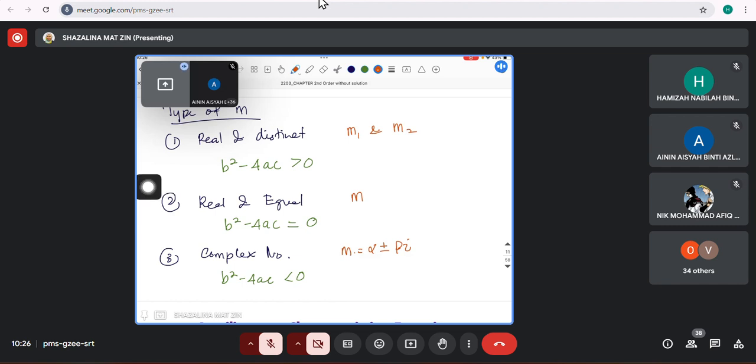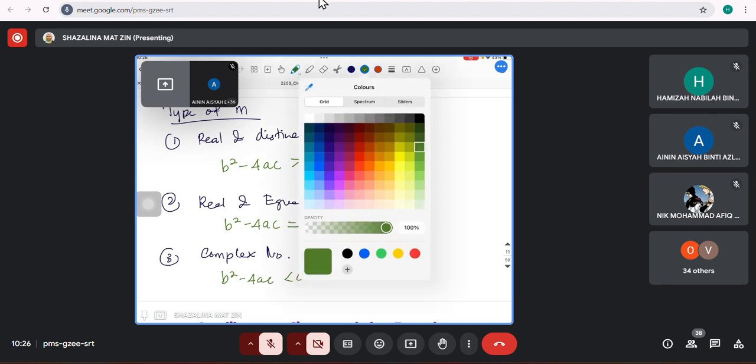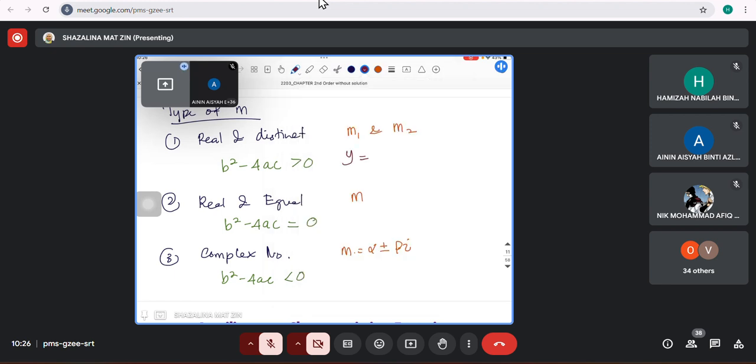From this value of m, we determine the solution. The solution for the homogeneous equation becomes: for real and distinct, y equals A e to the m1 x plus B e to the m2 x. For real and equal, y equals A plus Bx, times e to the mx.